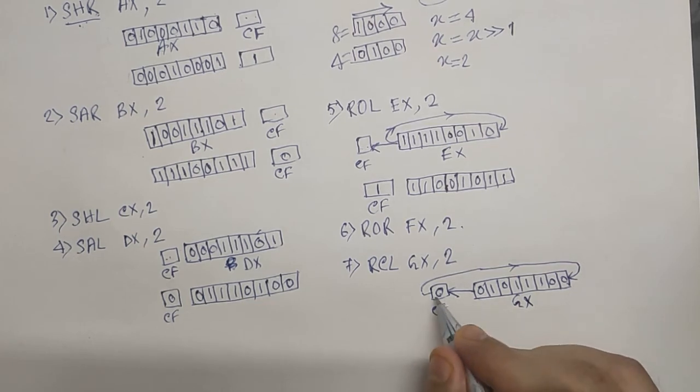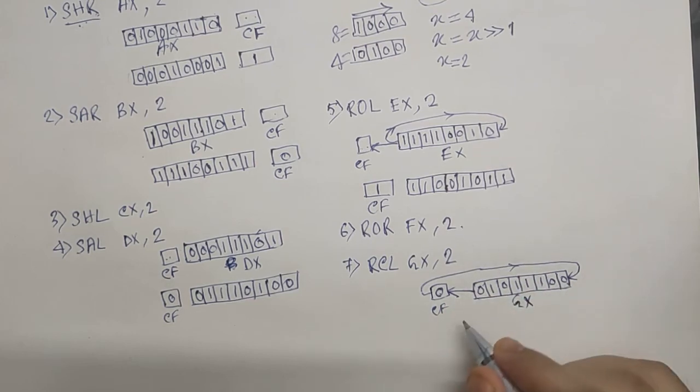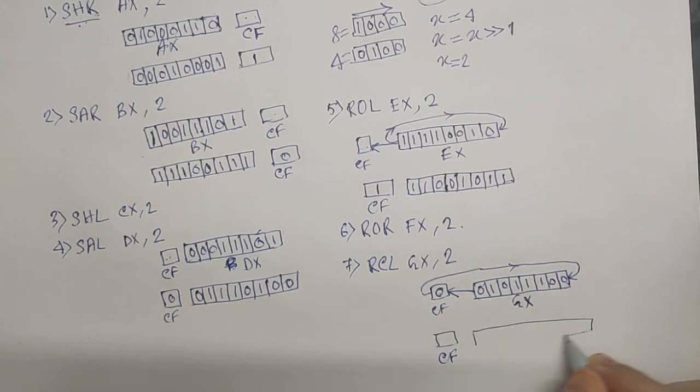So that this 0 will go to the end. Okay, so our output will become like this, carry flag, 1 2 3 4 5 6 7 8.